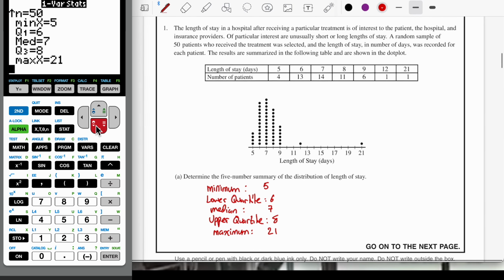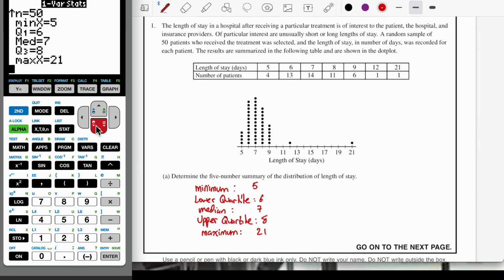You look to the context to help you make sense of it. This is length of stay in a hospital after receiving a particular treatment. Now, of course, it depends on what the treatment is, but it looks like individuals receiving treatments can typically expect to stay in a hospital anywhere between 5 and 9 days.